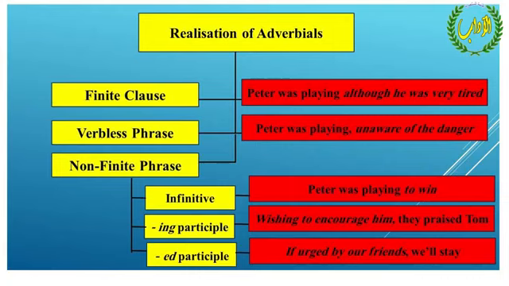Infinitive, as in Peter was playing to win. Ing participle, as in wishing to encourage him, they praised Tom. Ed participle, as in if urged by our friends, we will stay. So in these three sentences, to win, wishing to encourage him, and if urged by our friends are all non-finite clauses.